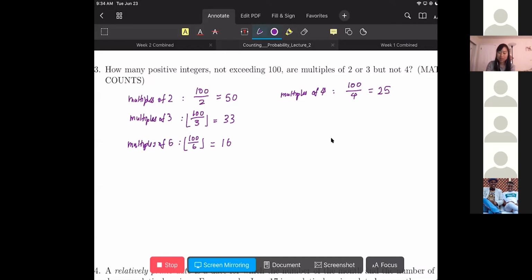So how many positive integers are multiples of 2 or 3? That's principle of inclusion and exclusion. So we want to take multiples of 2 plus multiples of 3 minus multiples of 2 and 3.